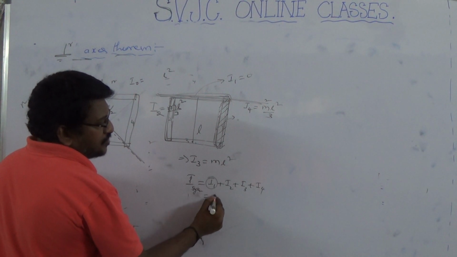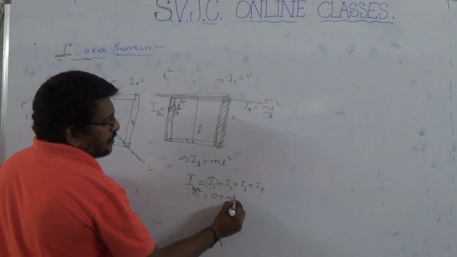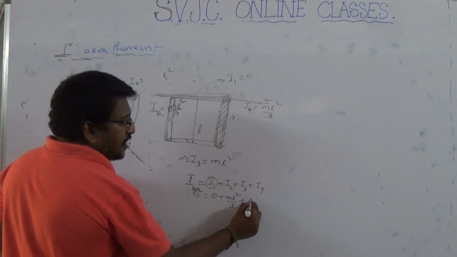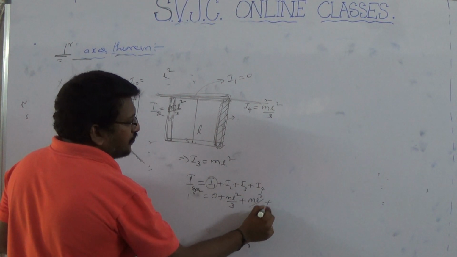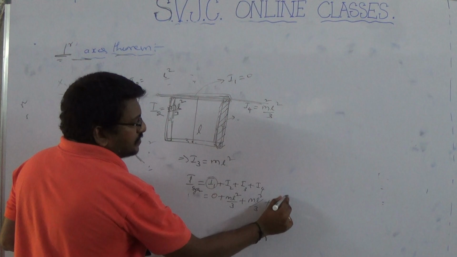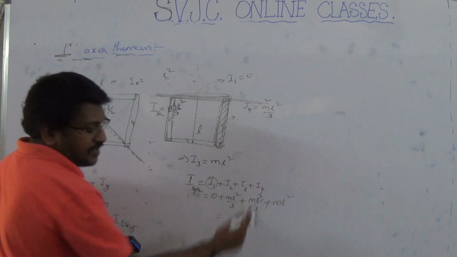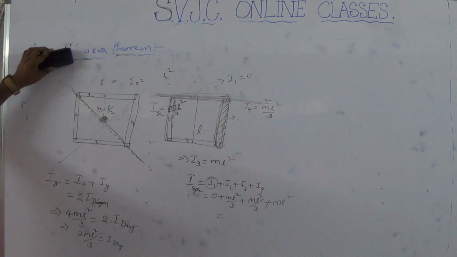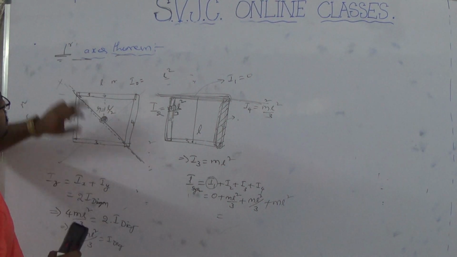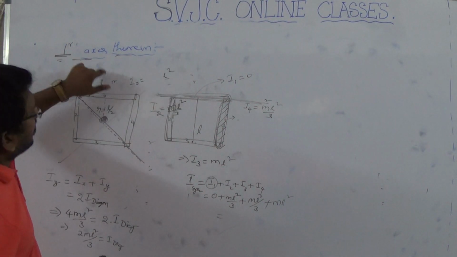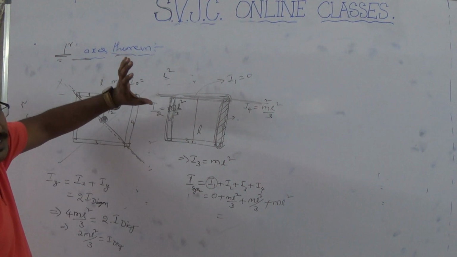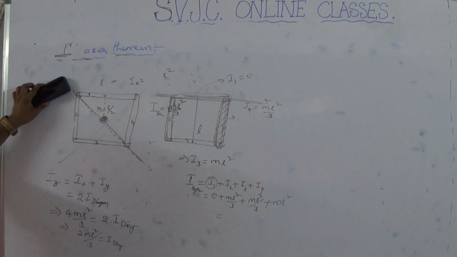This one 0, I2 ML square by 3, I3 ML square, I4 ML square by 3. So from the LCM and calculation, that is the moment of inertia of the system by using the parallel axis theorem and at the same time the perpendicular axis theorem.